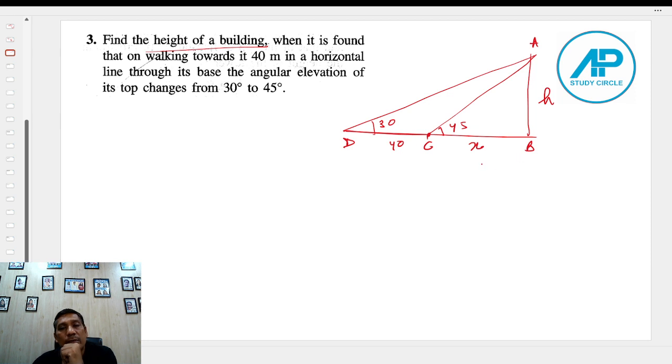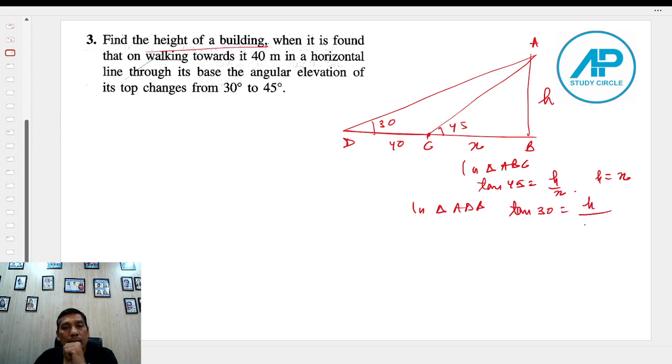So now again the same process. This gives us h equals x, and in this place replace the value of x with h.